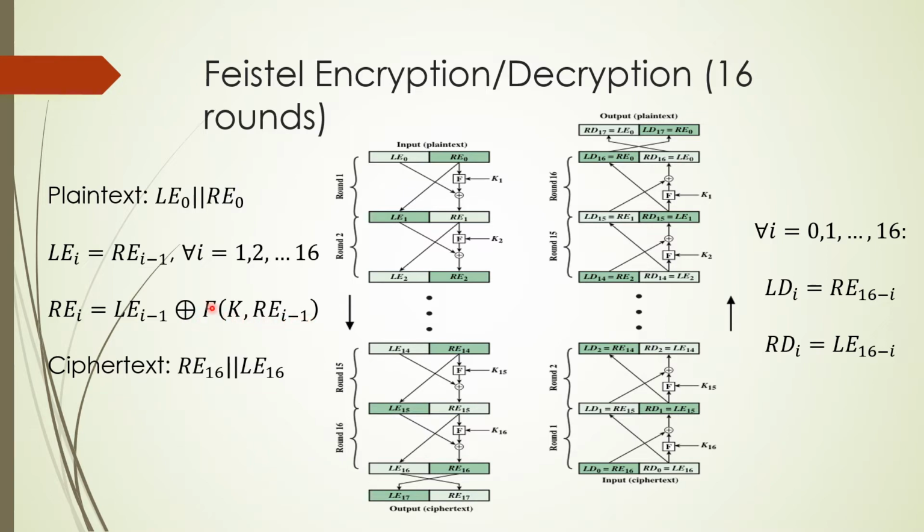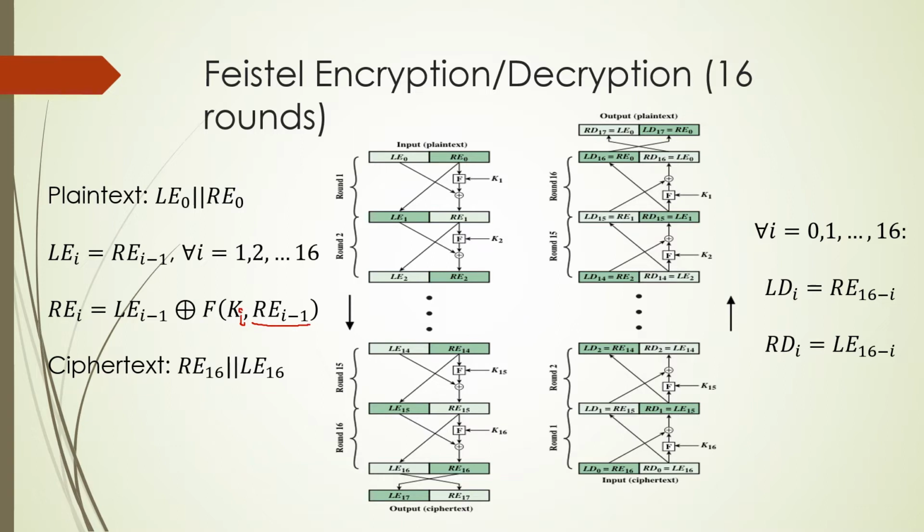This value is basically a function of Ki and Ri minus 1. What is Ki?